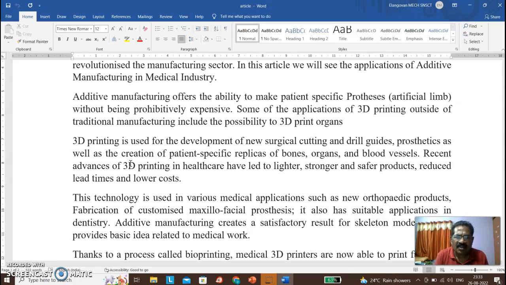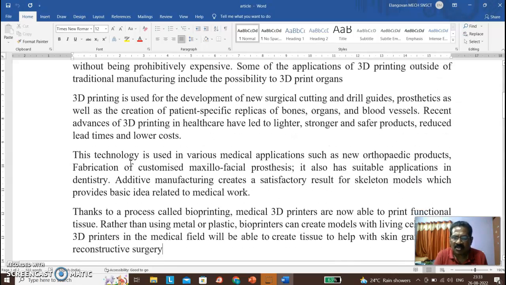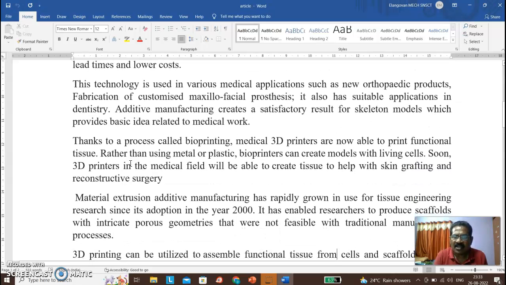Recent advances in 3D printing in healthcare have led to lighter and stronger safe parts, reduced lead times, and lower costs. So this technology has come to stay. The technology is used in various orthopedic products and fabrication of customized maxillofacial prostheses.